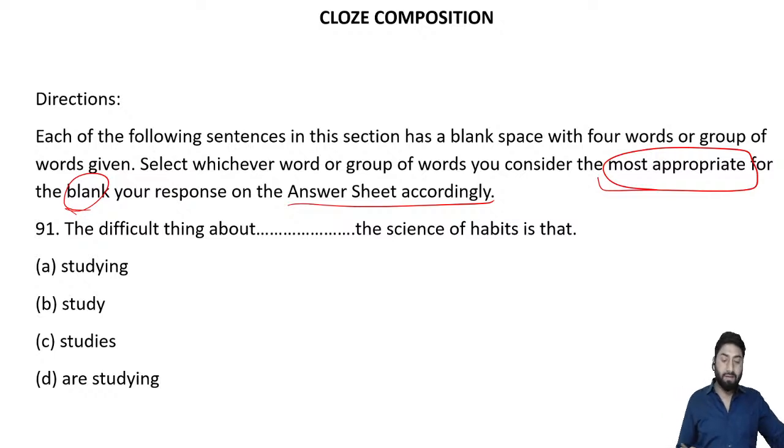So the difficult thing about blank the science of habits is that, right? So that's what the first question is. This passage, actually the complete paragraph, has been taken from a book. You might be knowing The Power of Habit. If you read, it always helps.